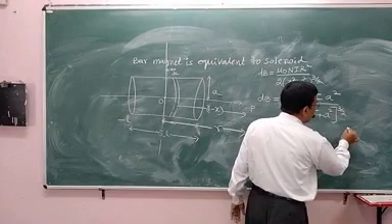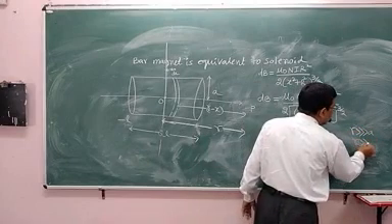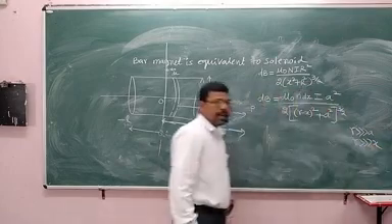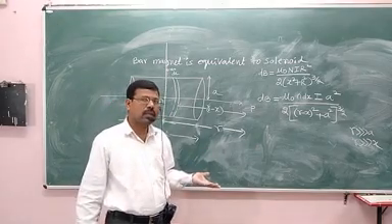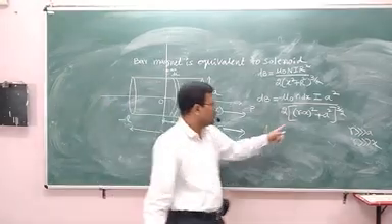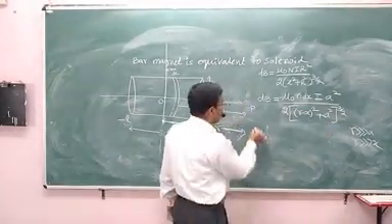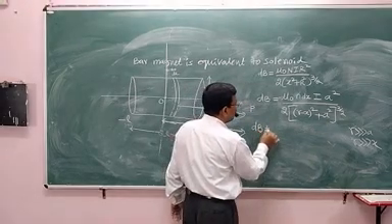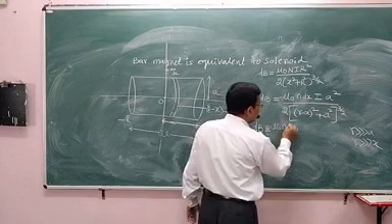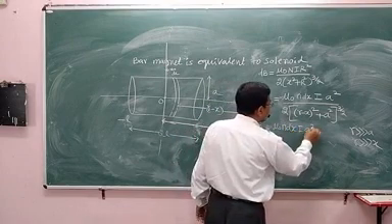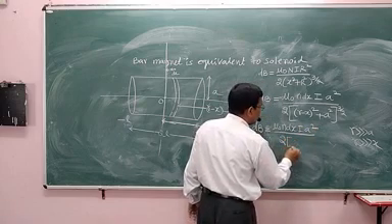Therefore, when r is very much greater than a and r is very much greater than x, a is negligible and x is also negligible. If you neglect x and a, then this takes the form dB is equal to mu naught n dx I A square divided by 2 in the bracket.